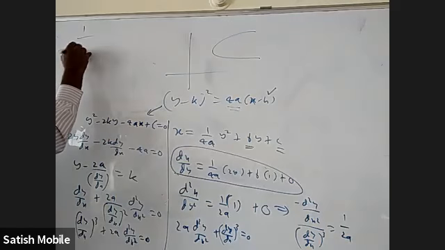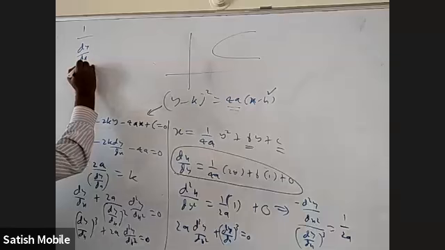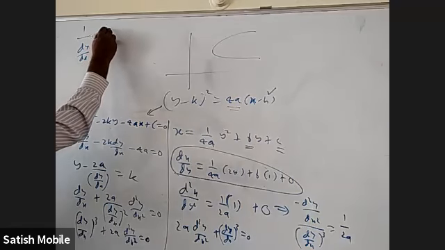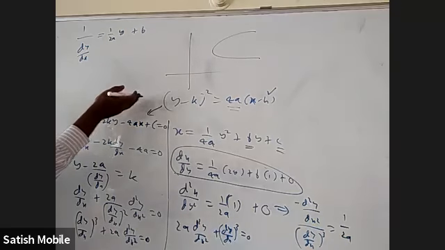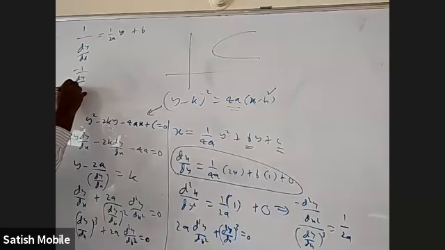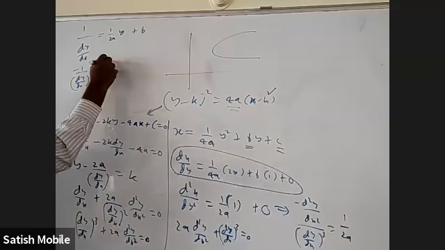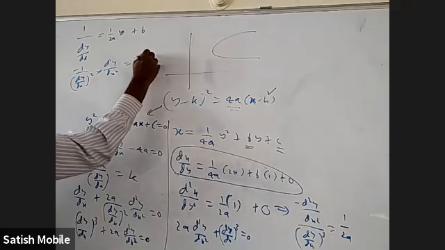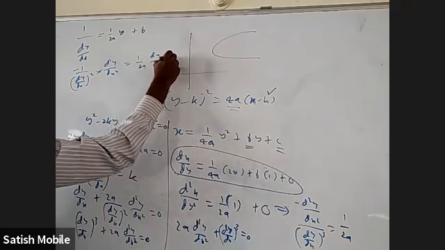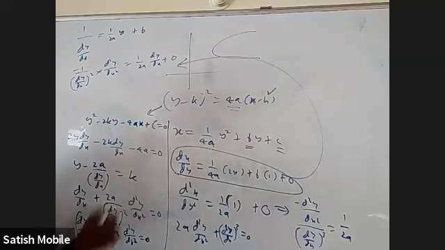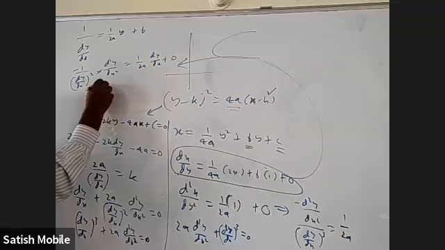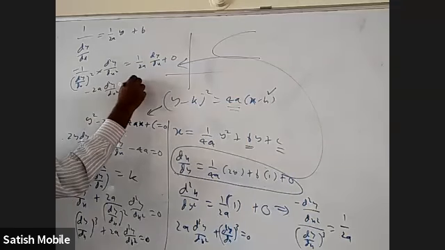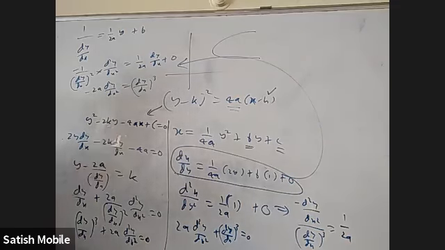Write this dx by dy as 1 by dy by dx equal to 1 by 2a into y plus b. Differentiate directly with respect to x now. You will get minus 1 by dy by dx whole square into the derivative of this, d square y by dx square, equal to 1 by 2a into the derivative of y, dy by dx, plus 0. So from here, somebody can do it like this also. Then simply send this one here and 2a here. You got 2a d square y by dx square with a minus equal to dy by dx whole cube. All right, so any one of these three ways you can do it.